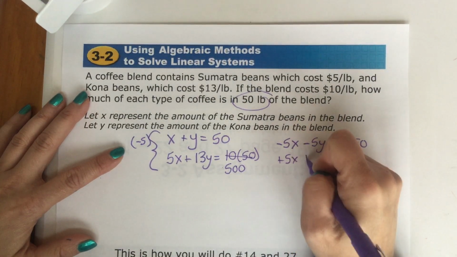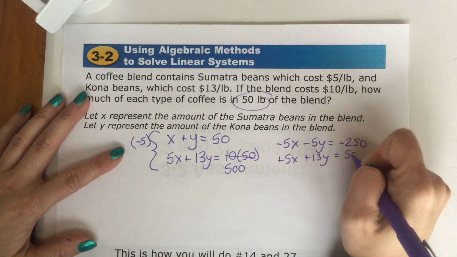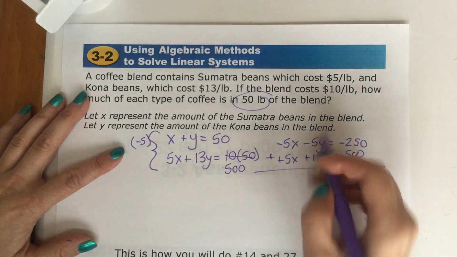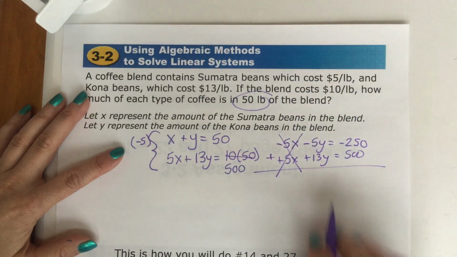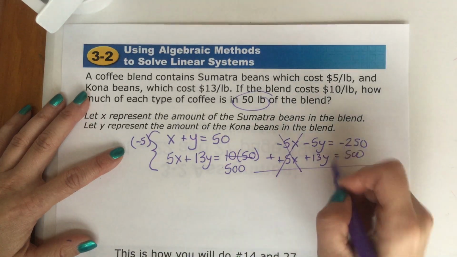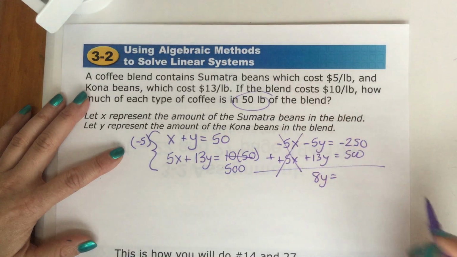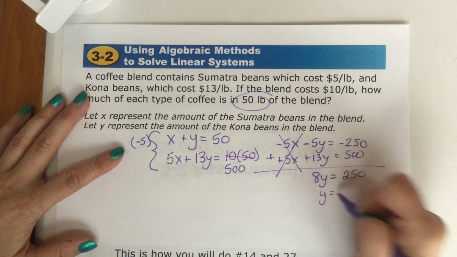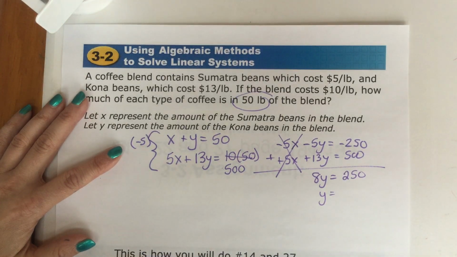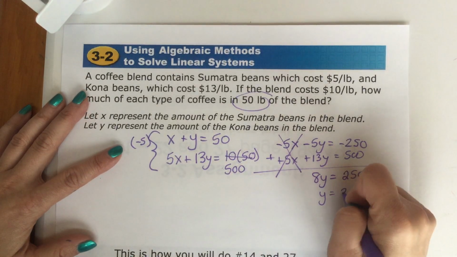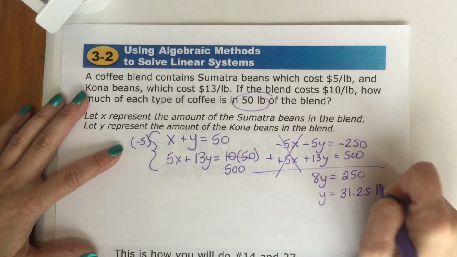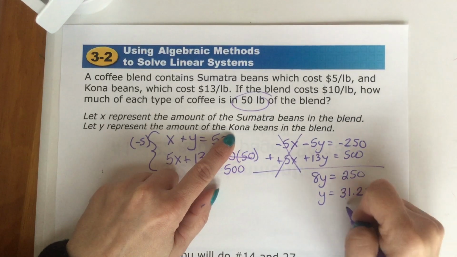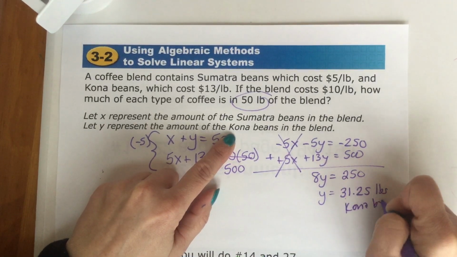If I add it to the other equation, notice I can do elimination because I have a -5X and a +5X. They're eliminated. -5Y plus 13Y is 8Y. -250 plus 500 is +250. So if I take 250 and divide it by 8, I get 31.25 pounds. Y is Kona. So I would need 31.25 pounds of Kona beans.